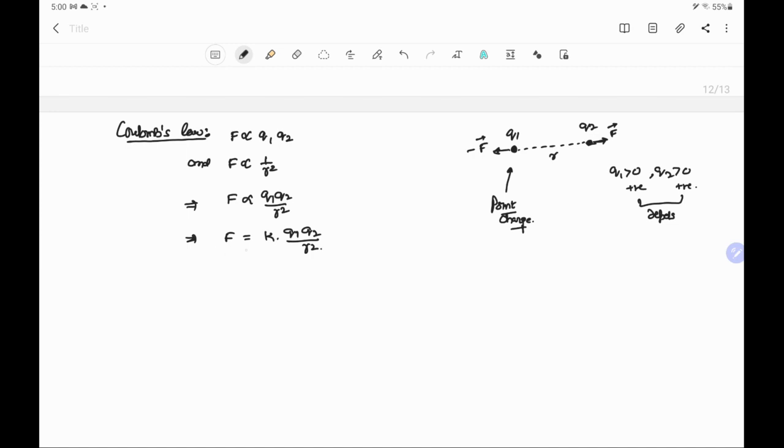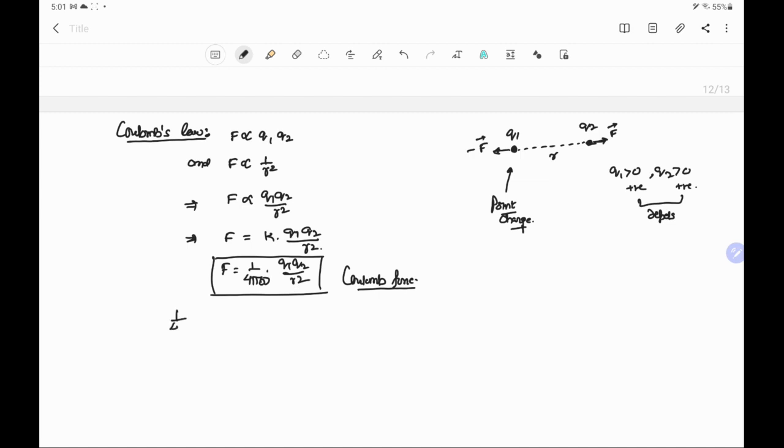So the force acting between the charges is K Q1 Q2 by R square, where K is the proportionality constant, and it is found that K is 1 by 4 pi epsilon naught. This is the Coulomb force or electric force acting between the two charges Q1 and Q2 kept at a distance R from each other.